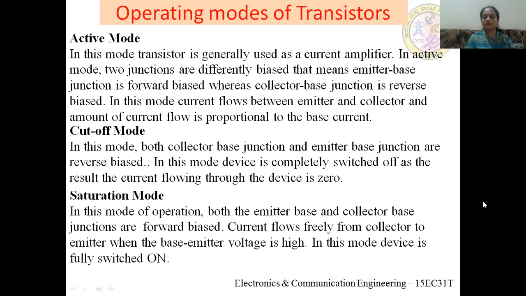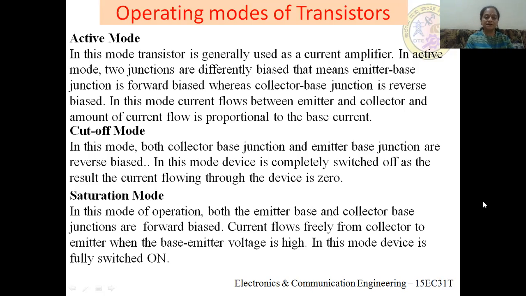In this mode, the current flows between emitter and collector, and the amount of current flow is proportional to the base current. That is, if the base current increases, the collector current increases. If the base current decreases, the collector current decreases. So in active mode, the collector current flows all the time. Always, if you want to use a transistor as an amplifier, we have to go with an active mode.